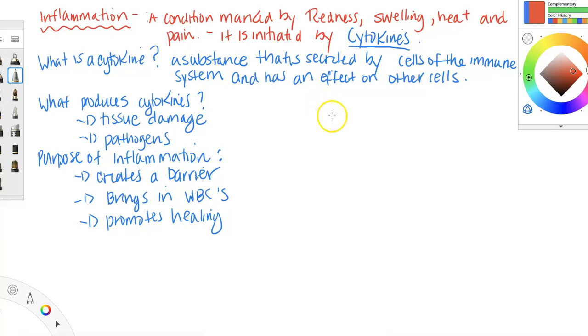So where do these conditions, marked by redness, swelling, heat and pain, come from? Inflammation causes swelling and pain. Why?